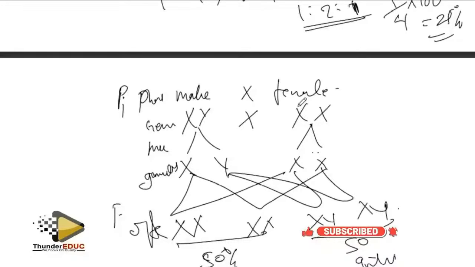If a male sperm having Y fertilizes the ovum, remember the ovum is always X, the individual will be XY, and therefore will be a male. There is a 50% chance of having a male and a 50% chance of having a female. That's how you can describe sex linked.